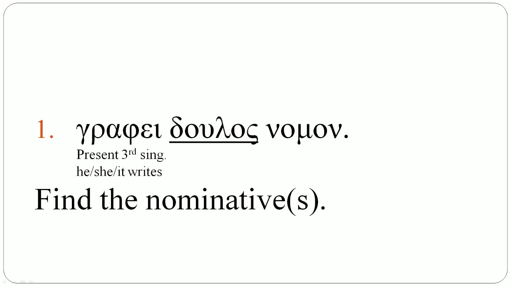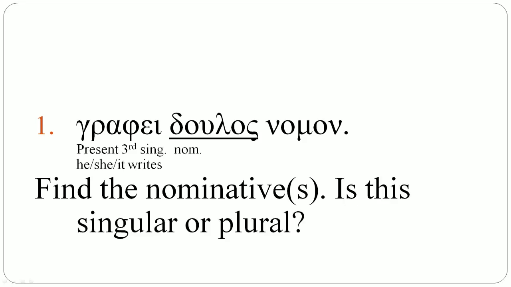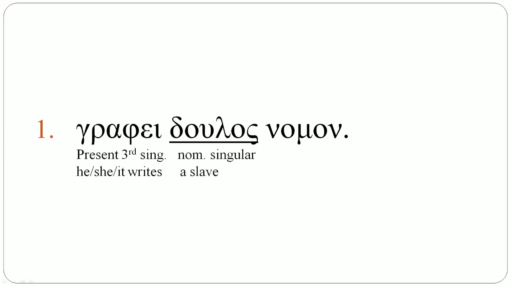Doulos, if you look at your form chart, fits the bill. Omicron sigma is the nominative singular ending. So there's your nominative, and now let's determine, is it singular or plural? We know that the case is nominative, and the form is singular. Nominative singular, doulos, and the meaning of that is a slave or a servant.